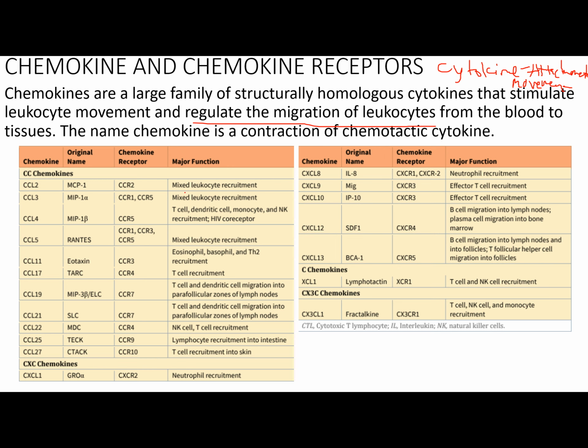Fractalkine has a chemokine receptor CX3CR1. Major function is for T cell, NK cell, and monocyte recruitment. Yung CTL dito class refers to cytotoxic T lymphocyte, IL, interleukin, NK would refer to natural killers.